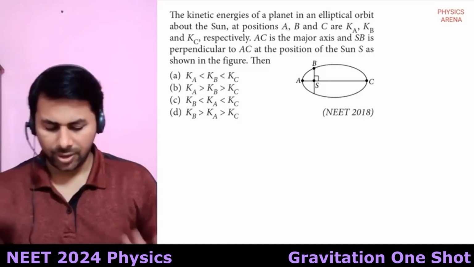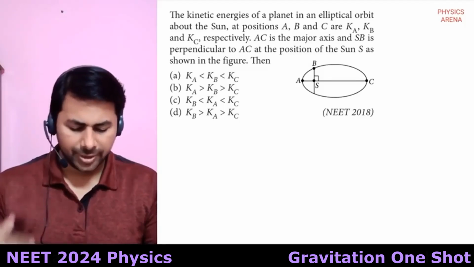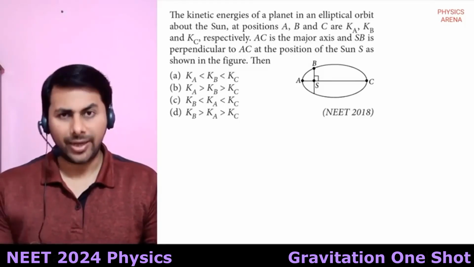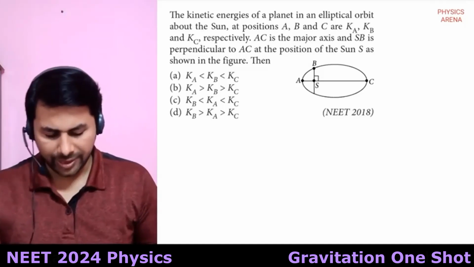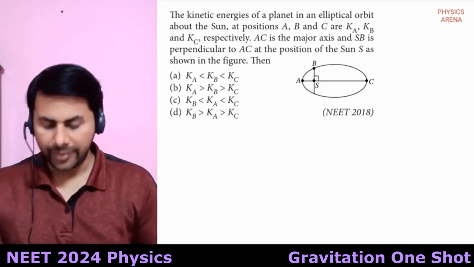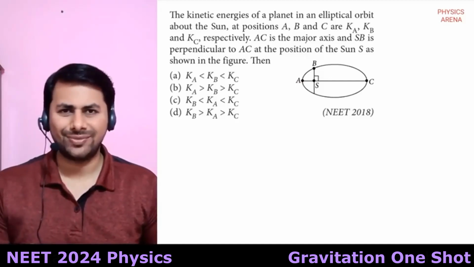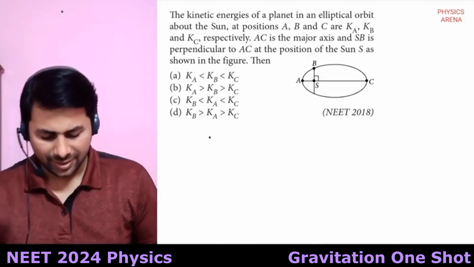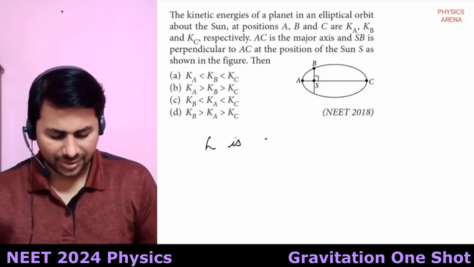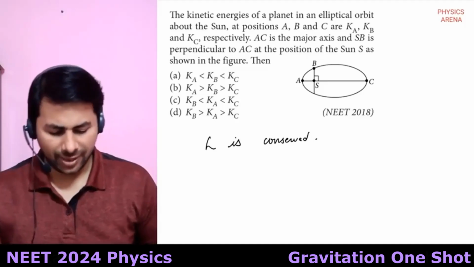Okay. So here we have to remember one thing: speed of planet will be highest when it is closest to the sun. Why? Because we said that angular momentum L is conserved, right? So what is L?